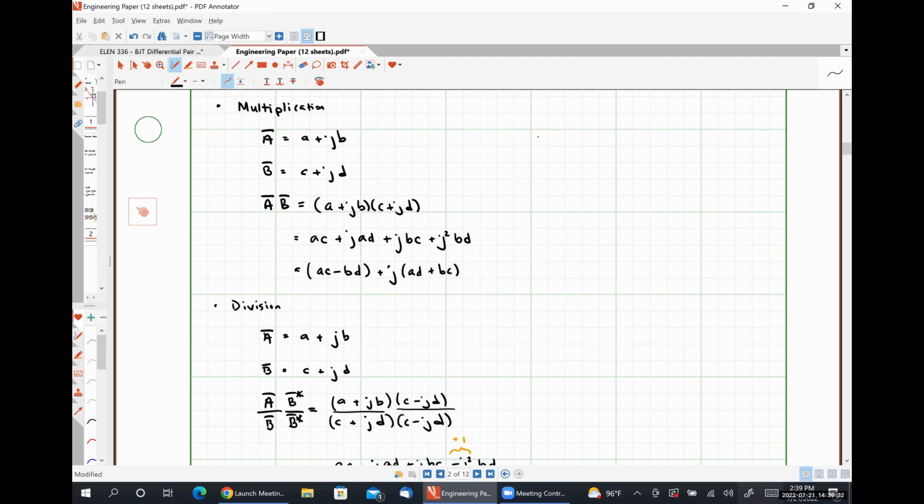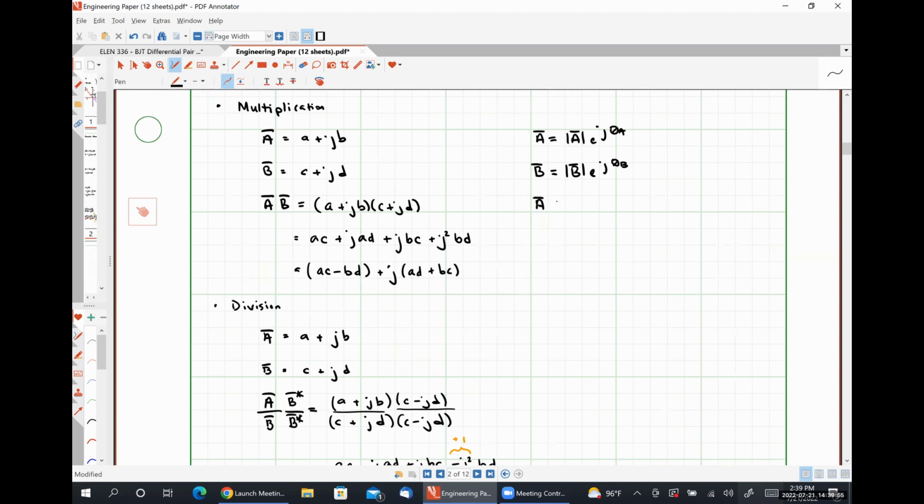So over here on the right, let's say that we have an exponential form complex number, the magnitude of A, e to the j theta A, and complex number B is equal to the magnitude of B, e to the j theta B.